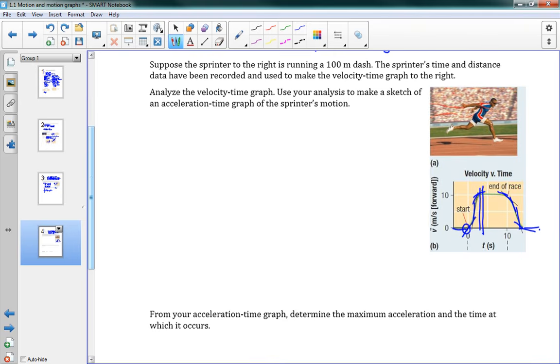So if we're really looking at this, we've got our acceleration time graph. This is 0. I'll just say here, we've got 0 acceleration, and then at time 0, our acceleration goes up quite a bit, and then it starts going back down again, back to 0.